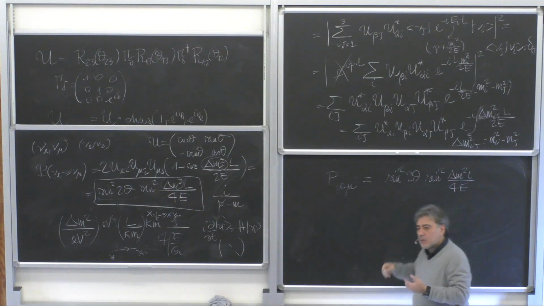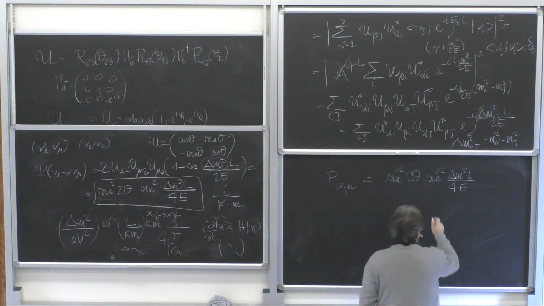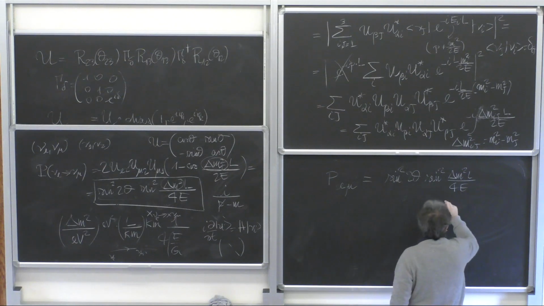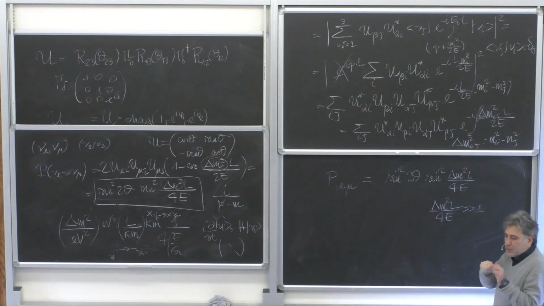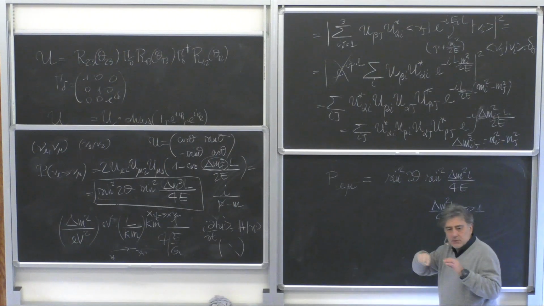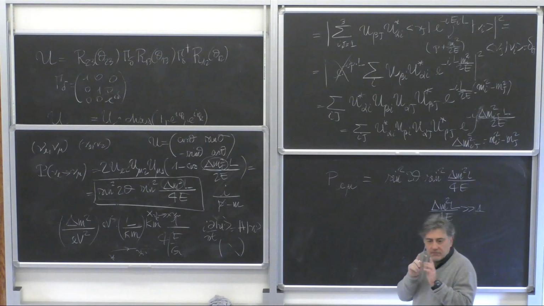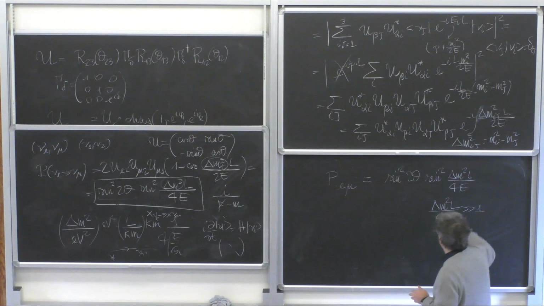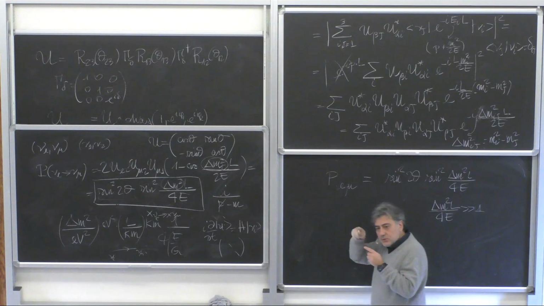So when we talk about averaged oscillations, this means that delta m squared L over 4E is much larger than 1. And since in general the energy of the neutrino is not known exactly, or experiments have a finite resolution, this will give 1/2 in the case of many oscillation cycles.